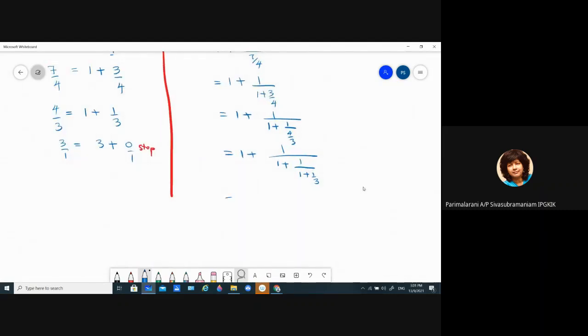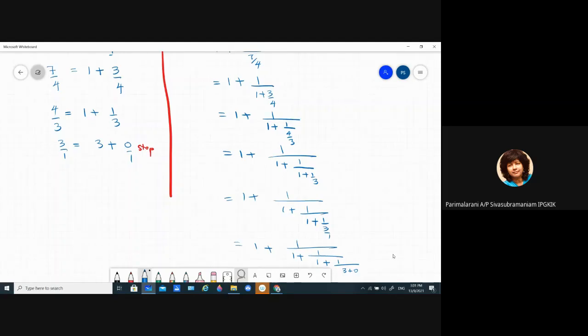And here I have 1 plus 1 over 1 plus 1 over 1 over 3, which is 1 over 3 over 1. So what is 1 over 3 over 1? Over 1 plus 1 over 3 over 1 is 3 plus 0, or 3. Okay, so once you reach the 0, we can stop.